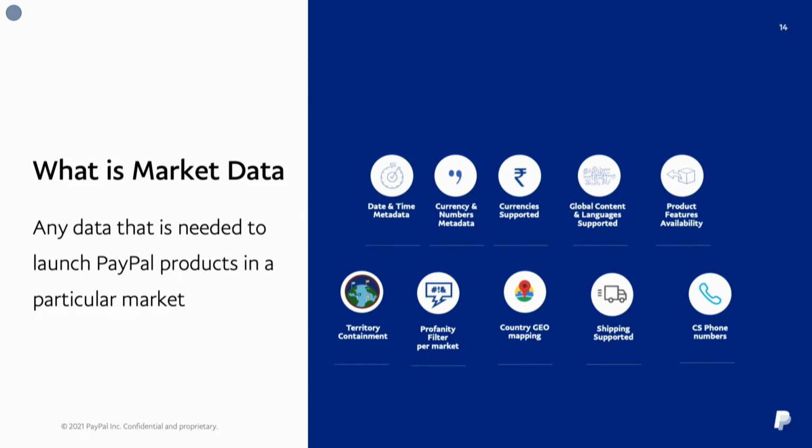If we launch in a new market, once we understand that this customer support phone number service needs to be updated for the new market, the application just gets it. There is no need to update the application, and application developers need not bother themselves with this information. So these are the market data use cases that we have.